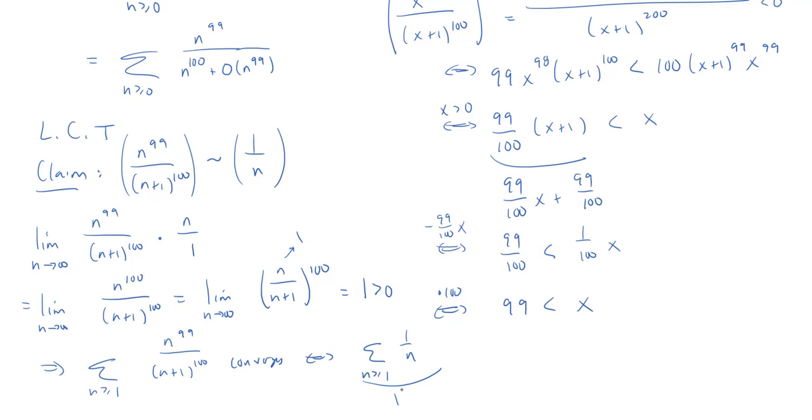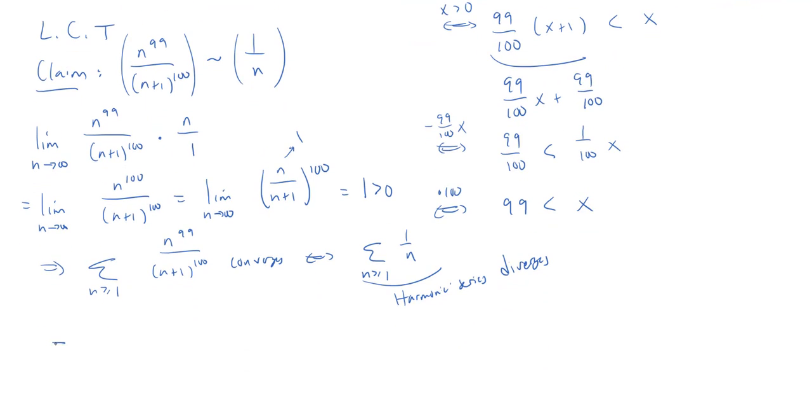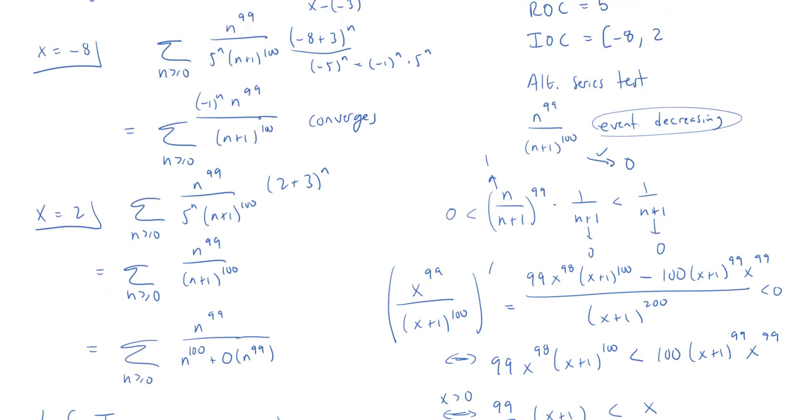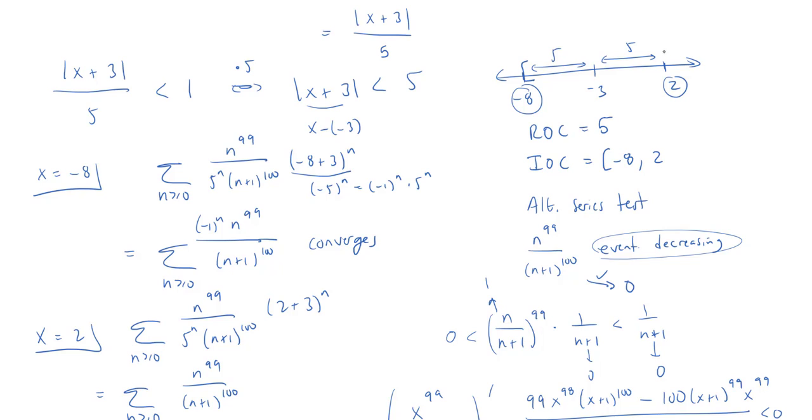But we know that this is the harmonic series, and it diverges. And so that tells us that our series diverges. So this implies that the series starting from 1, or even 0, n to the 99th over n plus 1 to the 100th diverges. So in the x equals 2 situation, we get a divergent series. So we're not going to include 2, and so our interval of convergence is -8 to 2.